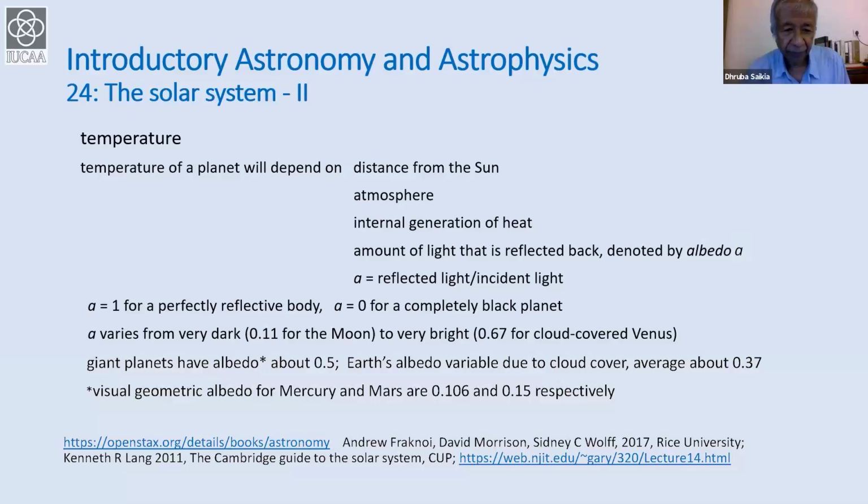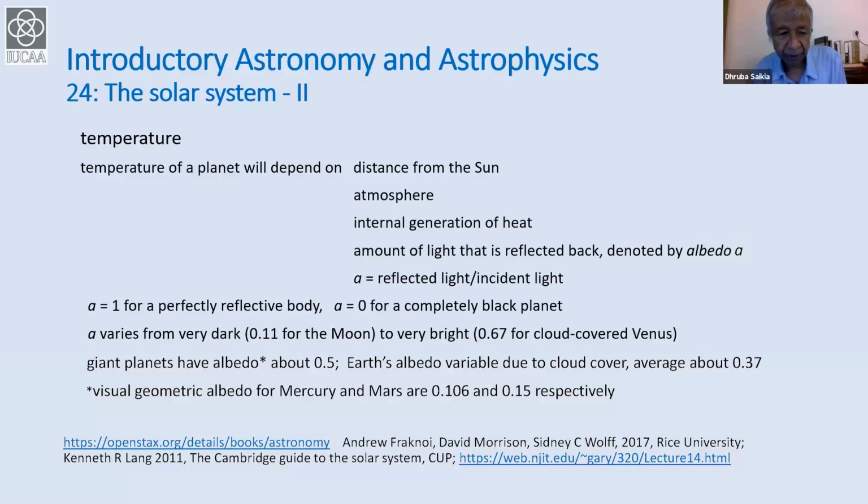A varies from very dark, for example, for the moon is 0.11 to very bright for 0.67 for cloud-covered Venus, because these clouds are often quite reflective, good reflectors, as we just mentioned when we talked about the Earth as well, that the clouds reflect more light than the water or the rocks. And the giant planets, the albedo is roughly about 0.5.